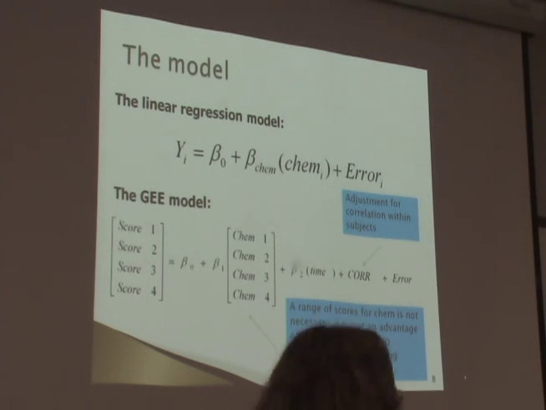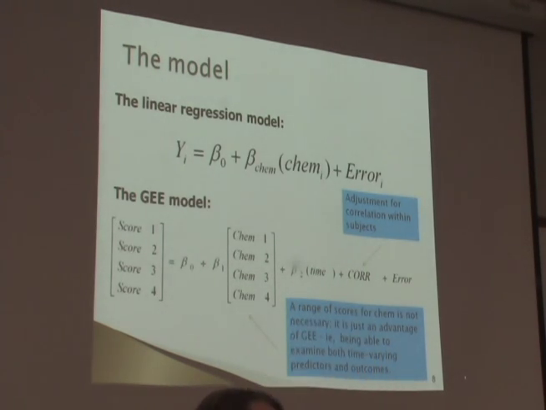So this is just thinking about the difference between a GEE model and a linear regression model. At the top we have our familiar regression equation, the mean predicted y, which is equal to the starting point when the predictors are at 0, the intercept, and then the slope effect, in this case, in the same example we're working with, the slope effect for chem, plus error, right?